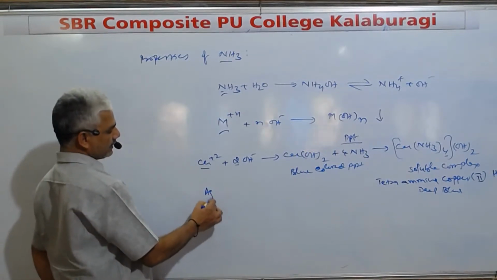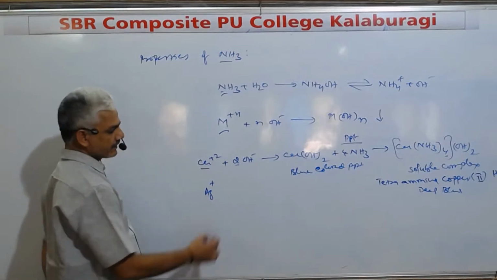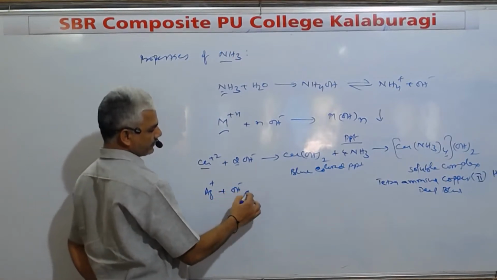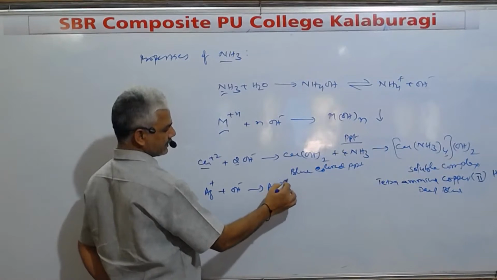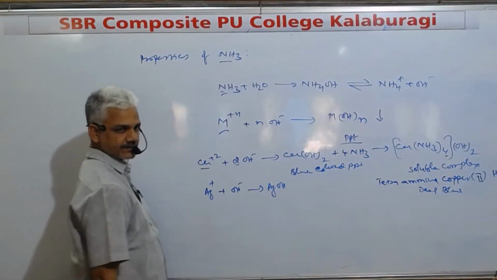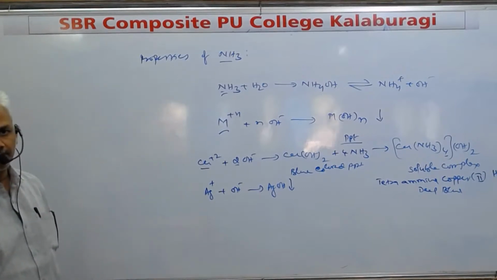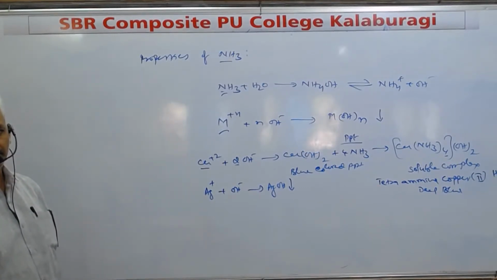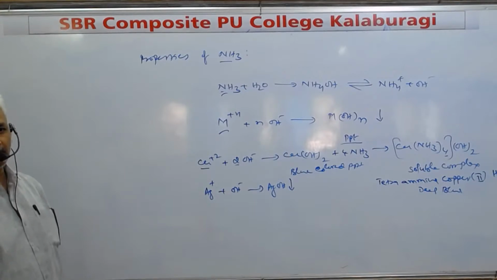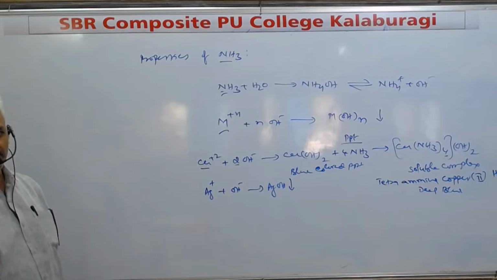Similarly, if you take silver ion, it will take 1 OH minus ion and is converted to silver hydroxide. What is the color of silver hydroxide? Silver has a bright, shining color. But what about silver hydroxide? It is almost dull. It slowly turns black.